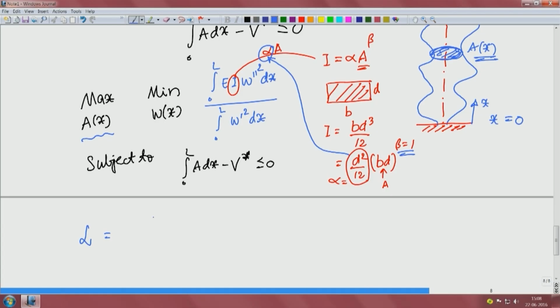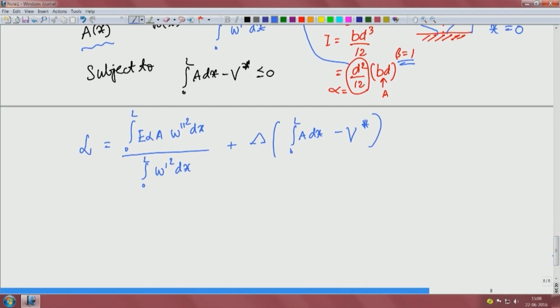Instead of writing I, we will write E alpha A. So, integral 0 to L of E alpha A W double prime square dx divided by integral 0 to L of W prime square dx, that is the objective function, plus lambda times integral 0 to L of A dx minus V star.